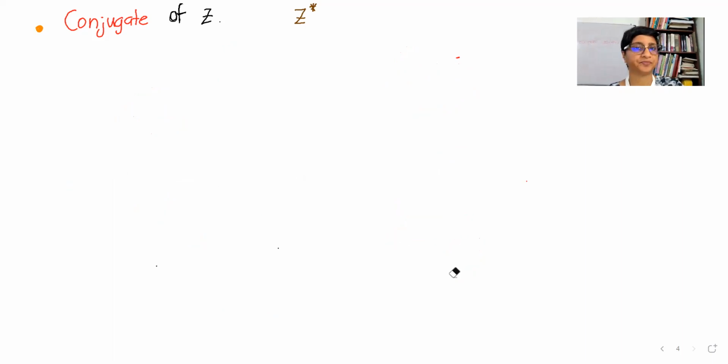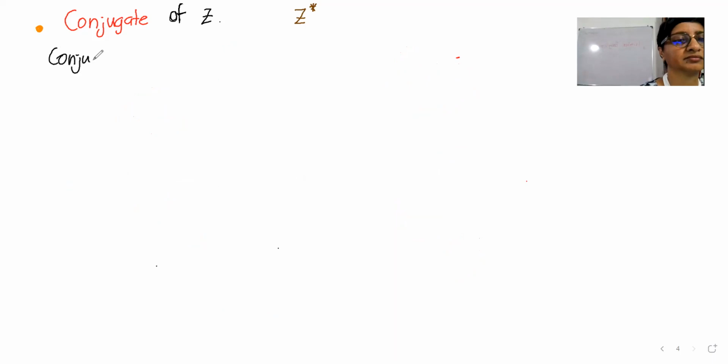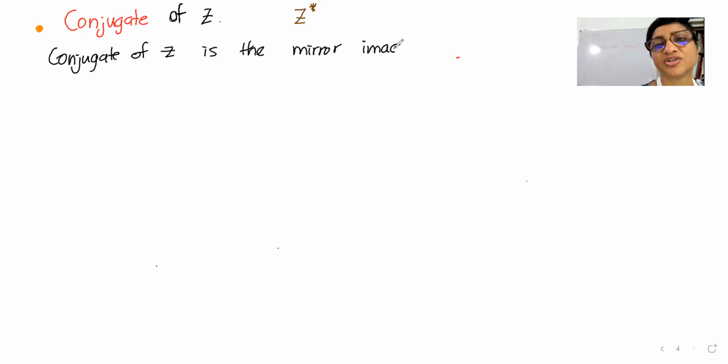Then let's write: conjugate of Z is the mirror image of Z. Let's not bring in the word point.